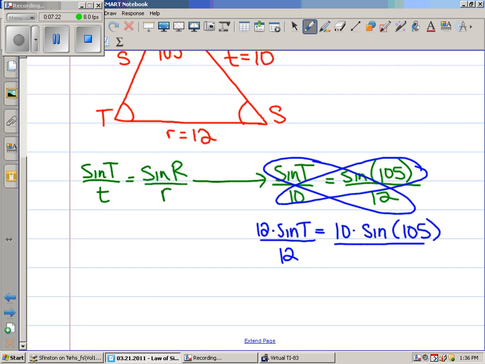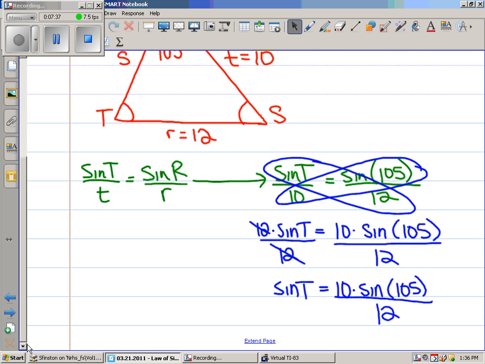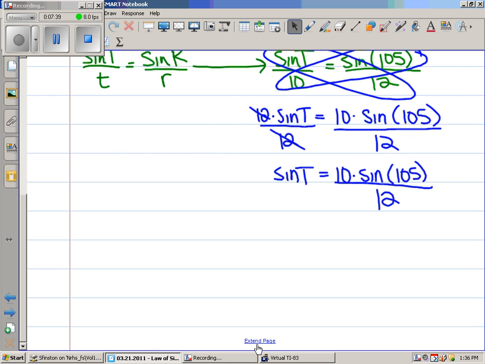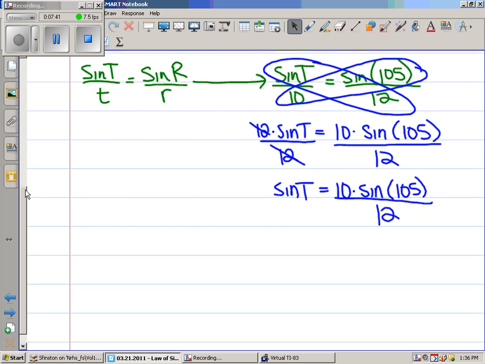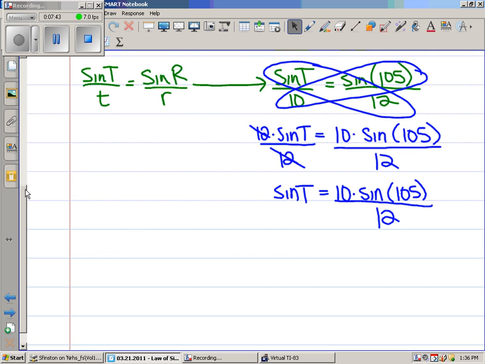Divide both sides by 12. You get the sine of T equals 10 times the sine of 105, divided by 12. And then you reach this step where you're like, I really wanted T, but it's kind of stuck there, locked up inside of that sine.